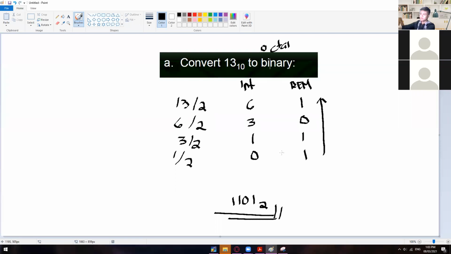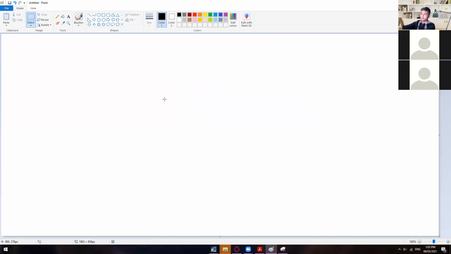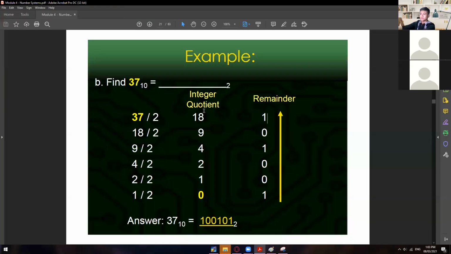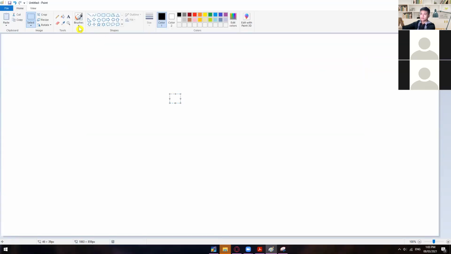Or you can just simply use the old method. Okay. So what is that one again? 37 divided by 2. So you can do this one. So 2 times 1 is 2. 3 minus 2 is 1. Bring down 7.